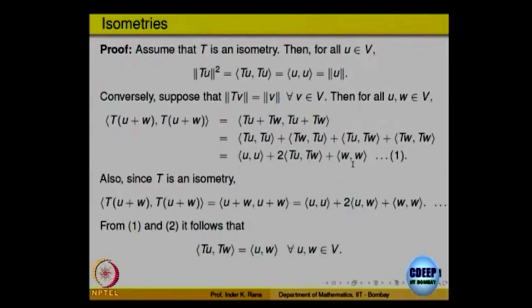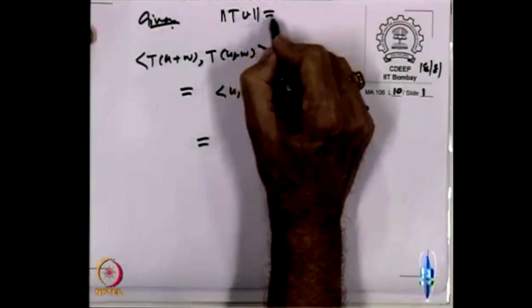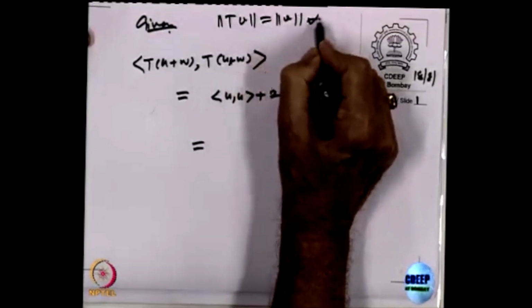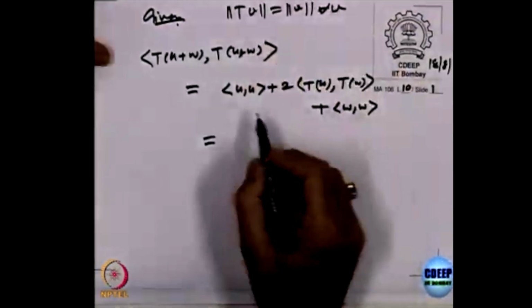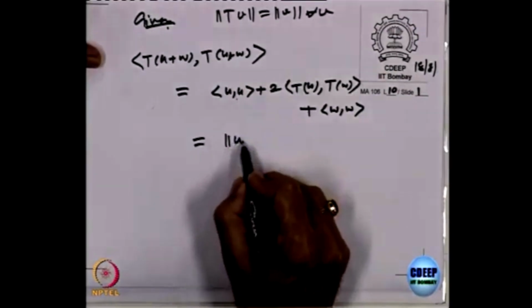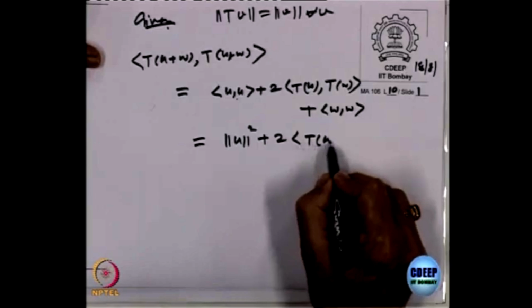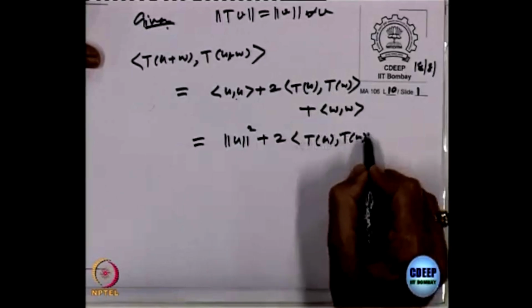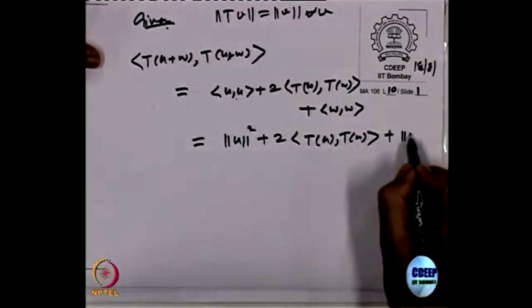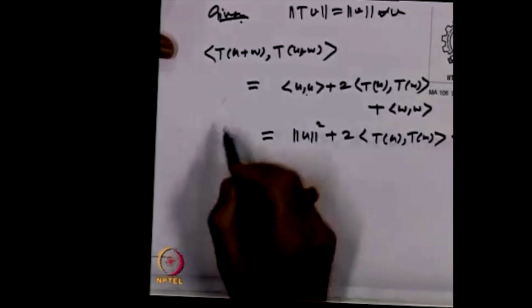So what we are given is that the norm of Tv is equal to the norm of v for every v. So that is given to us. So what is this? This is the norm of u square plus 2 times the inner product of Tu and Tw plus the norm of w square. And what is this?